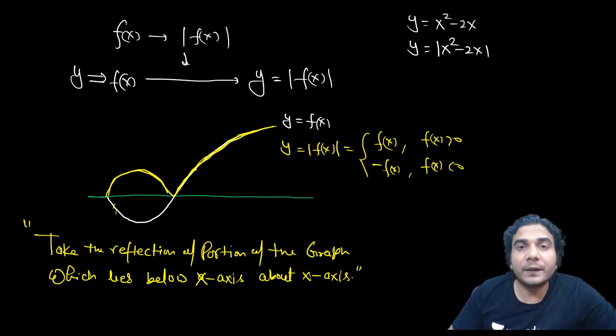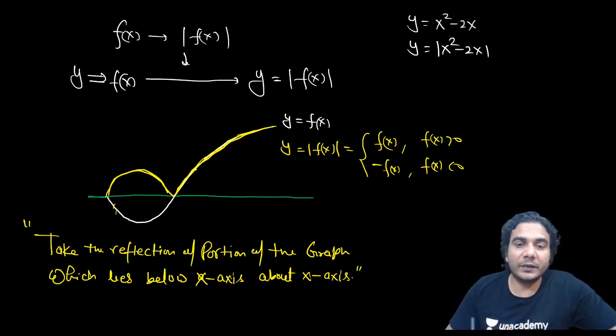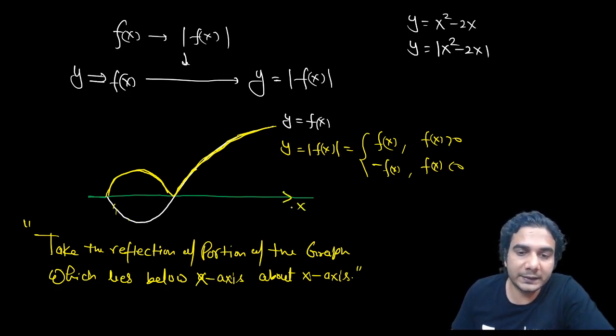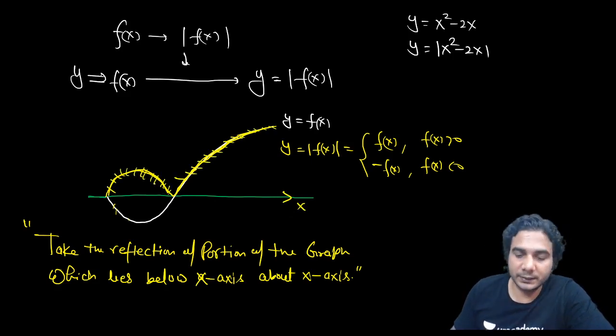And the rest of the graph will remain same. That rest of the graph means the graph which is above x-axis, that will remain same. So this was your x-axis, so this graph will remain same, and this is the reflection. This complete marked graph is the new graph.